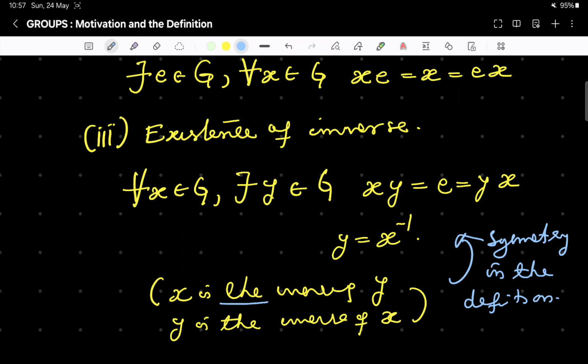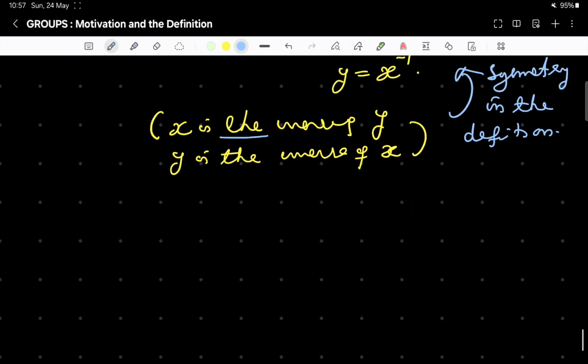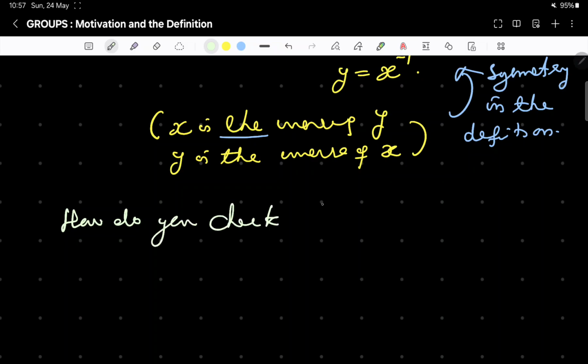Okay, so now how do you check whether a given set G with an operation star is a group?